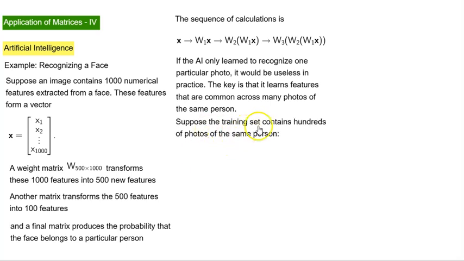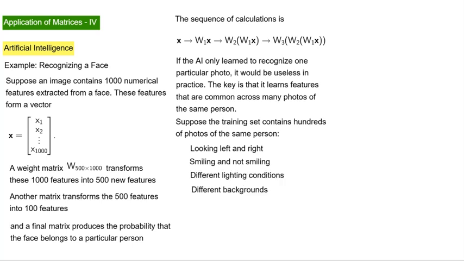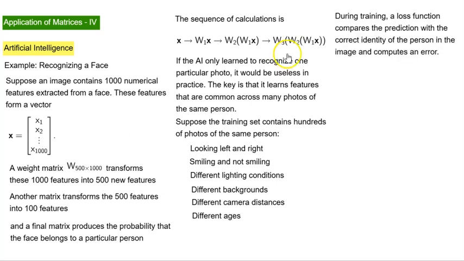So, suppose the training set contains hundreds of photos of the same person, looking left and right, smiling, not smiling, different lighting conditions, different backgrounds, different camera distances, different ages. So during training, a loss function compares the prediction with the correct identity of the person in the image and computes an error.